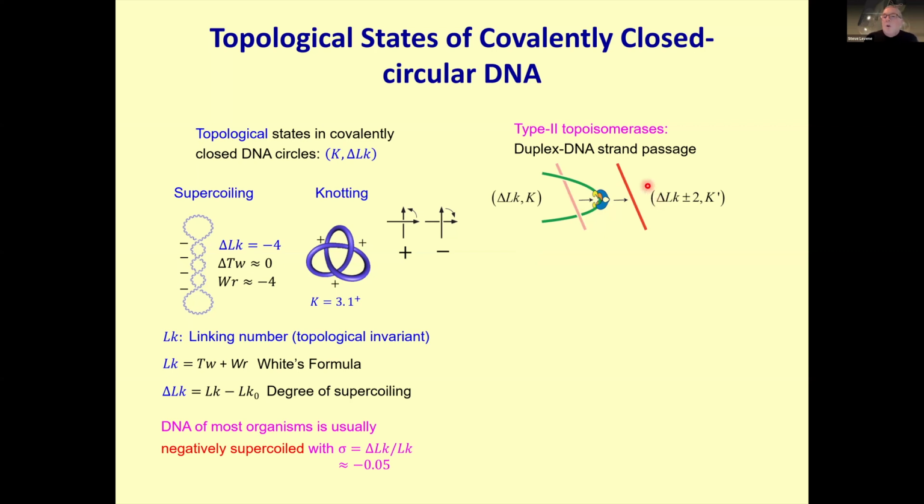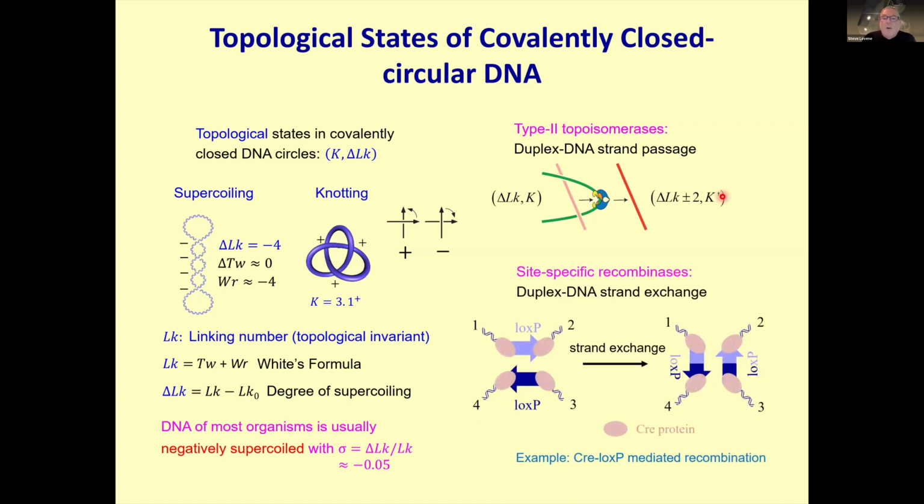These enzymes also can generate non-trivial knotted structures of the DNA. So in this instance here, you have a type 2 topoisomerase that's carrying out a strand passage, and it changes the linking number by plus or minus 2, but at the same time can also change the knot type from K to K prime.